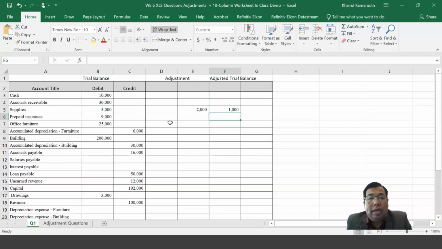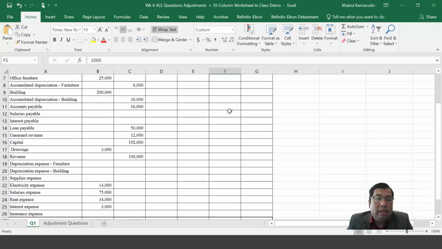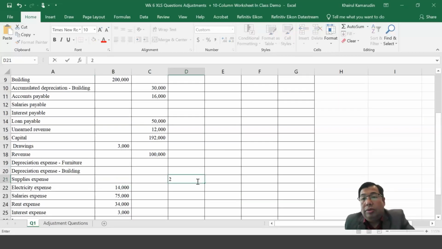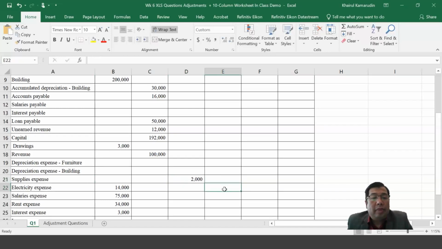How do I get 1,000? Debit and credit will be plus and minus, 1,000. So this is your new supply account. Whereas we create another item here, we call it supplies expense. Before this, we don't have any balance, it's zero. Now it is 2,000.